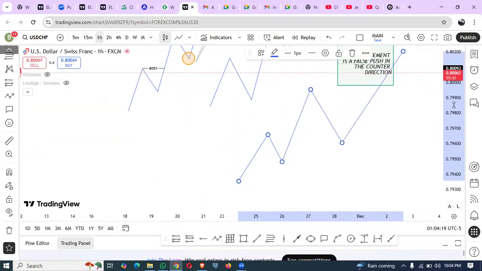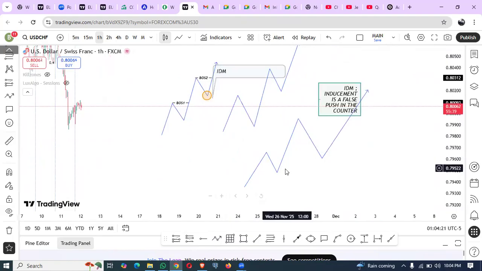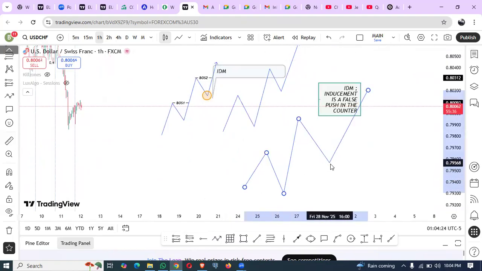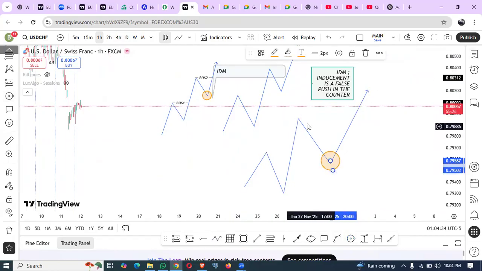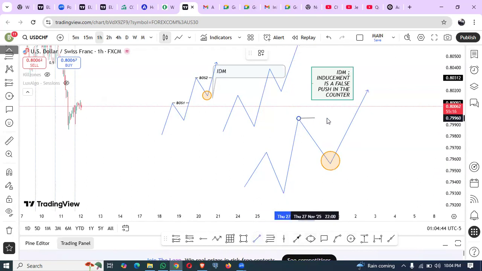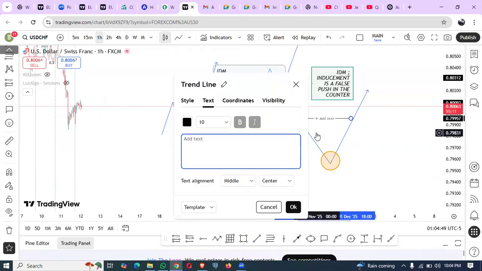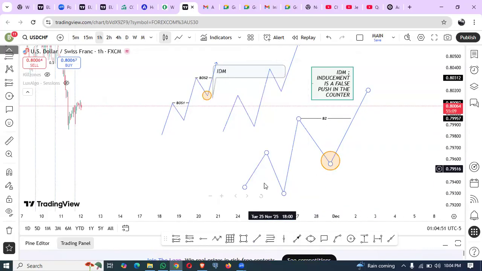I know I told us already you need two break of structure to validate your trend. So once you have first one, second one, your IDM now is the origin of that second impulsive push that caused that second break of structure. That is your inducement. So you have your BOS2 here, that's B2, you have B1 here.